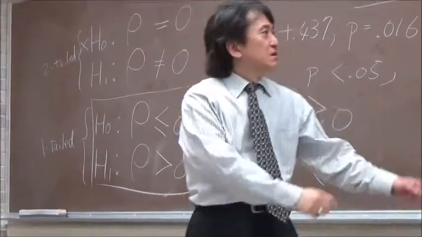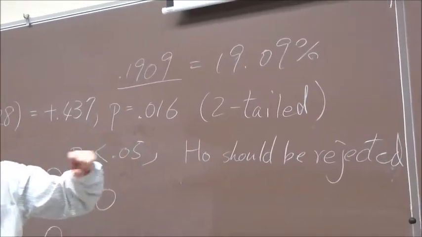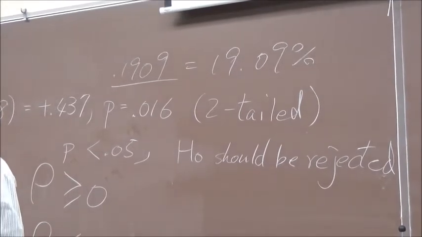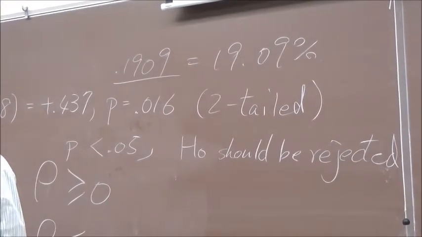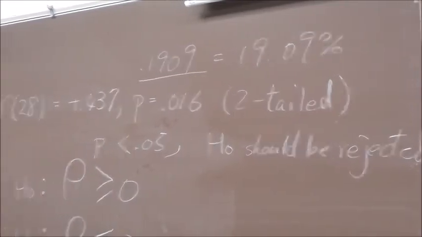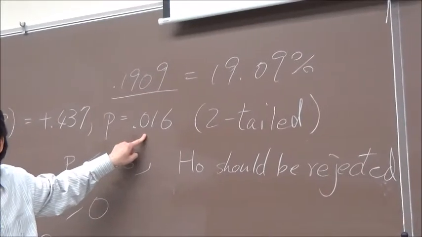Now, relating to that question, as I kept telling you, a one-tailed test has more statistical power. If we were testing this one-tailed, what's going to happen to this? You already said.